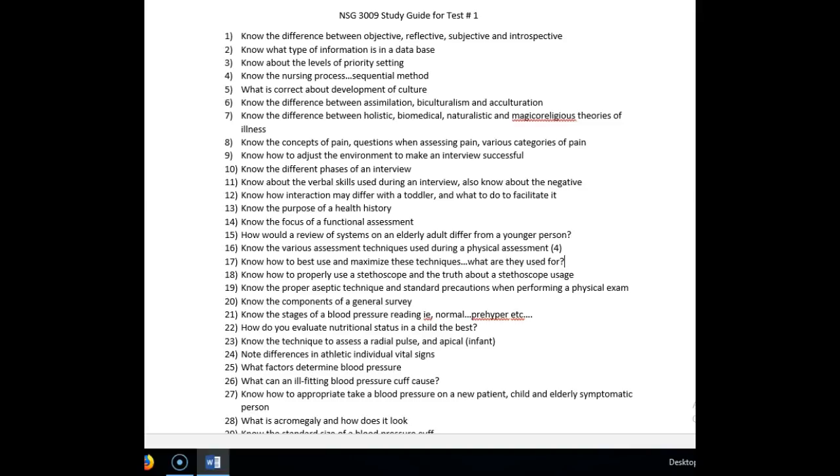Basically, we know that pain is very subjective, so you can only evaluate pain based on what a person tells you about how severe their pain is.